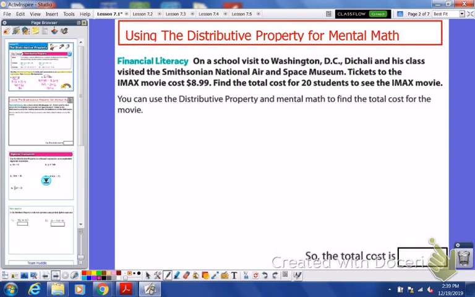As you see there, we have $8.99. That's not exactly something that would be easy to do mentally. So a different way to think of this would be $9 minus 1 cent. And then we're doing that 20 times because there's 20 students.